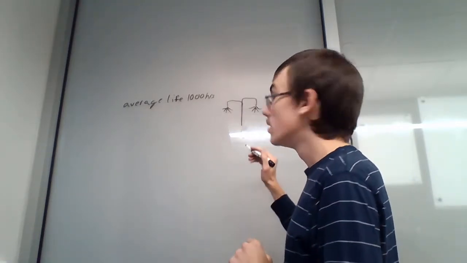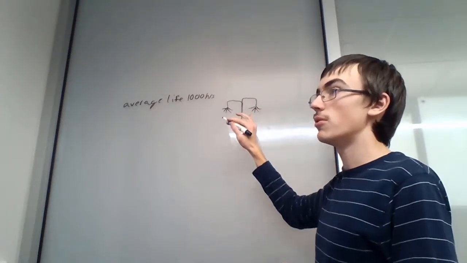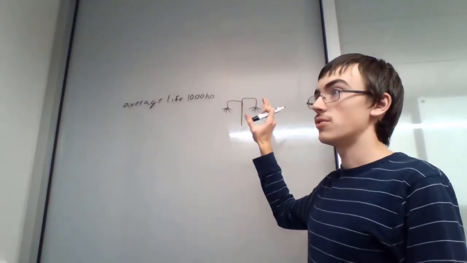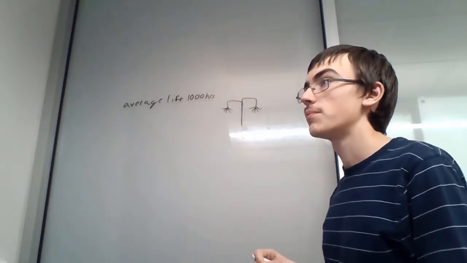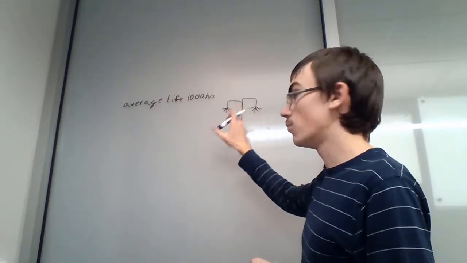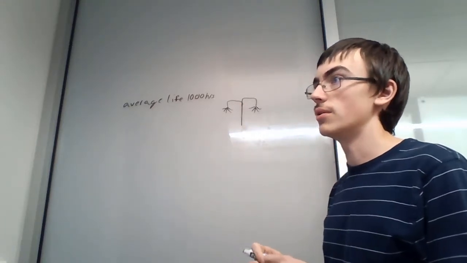So this lamp has two separate bulbs, and for the purpose of this problem, we are assuming that they are not in any way connected. So if one goes out, it is completely independent of the other one going out.